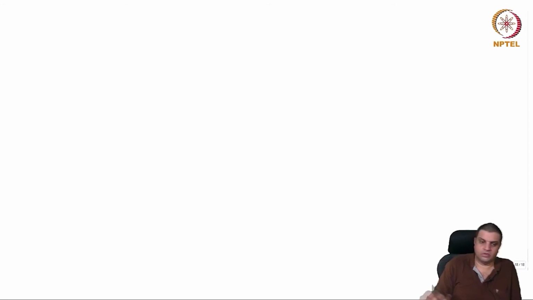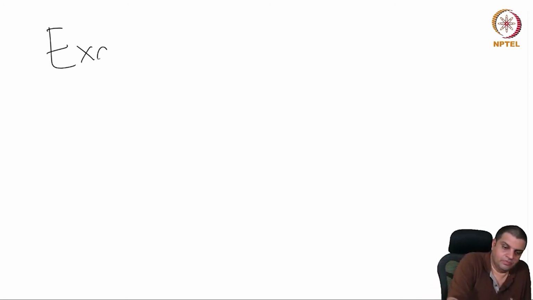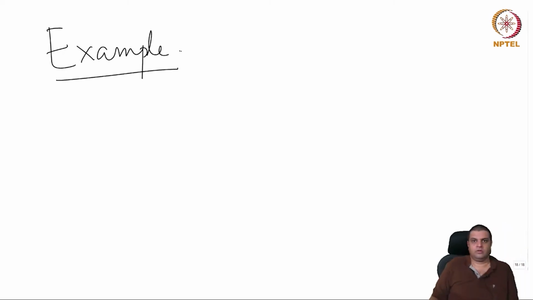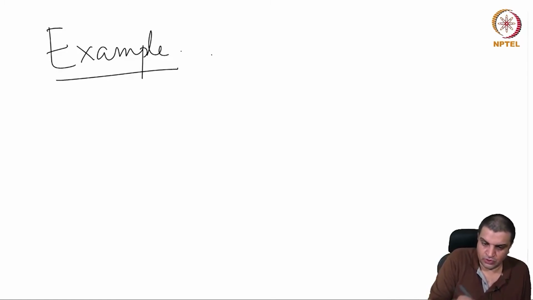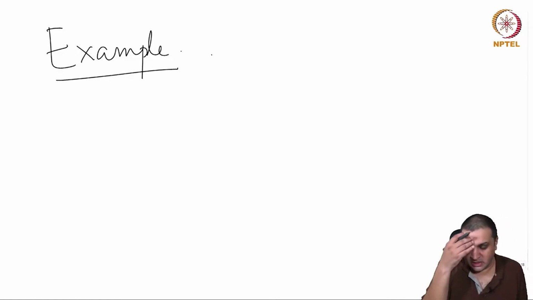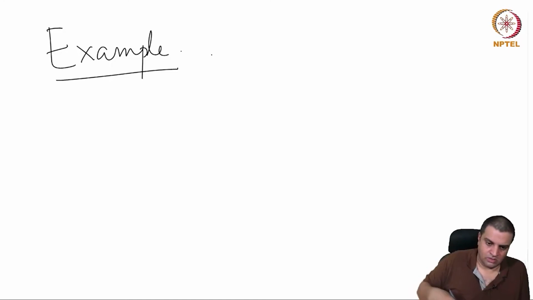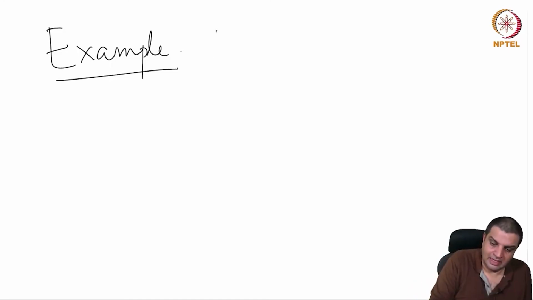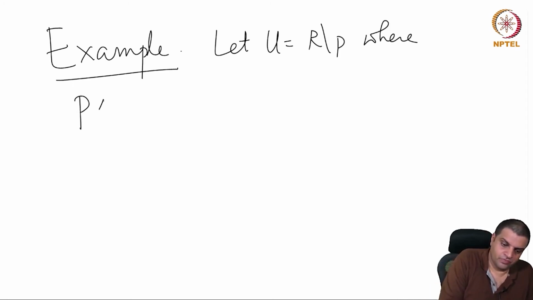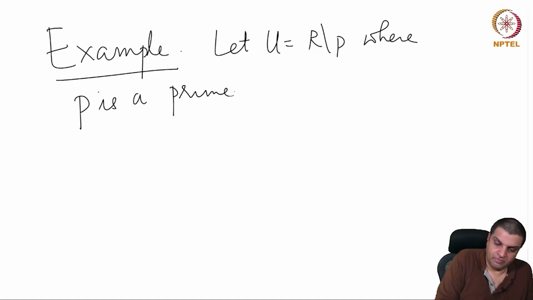For example, let's look at the example that we saw. Let U be R minus P, where P is a prime ideal.